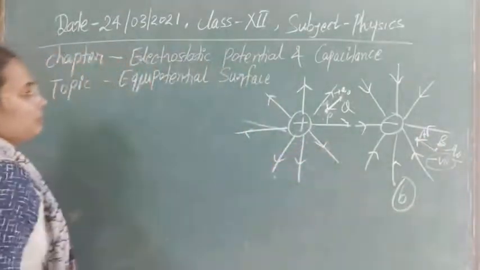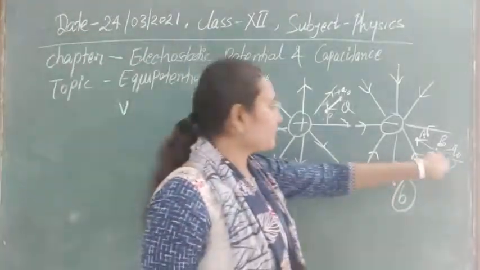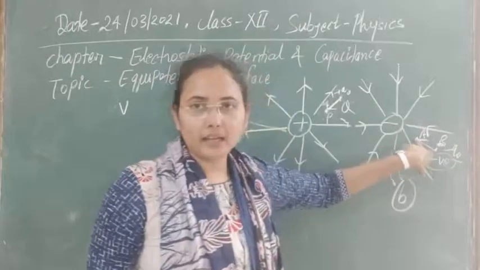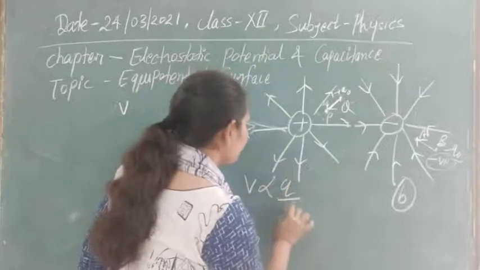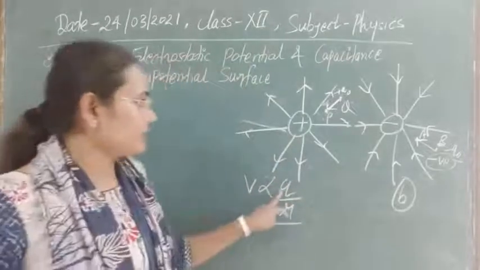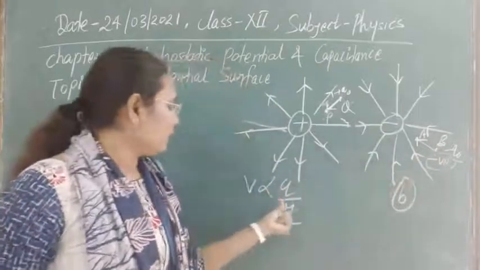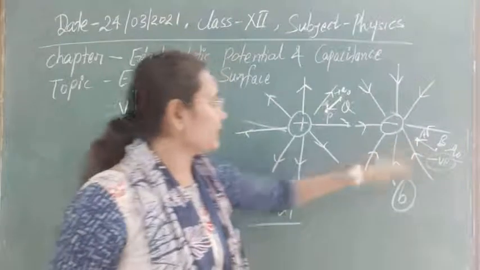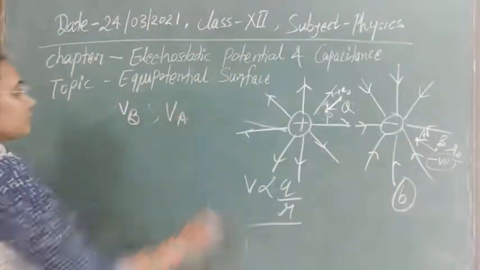As we have seen already, the potential at point B is greater than at A, as V is directly proportional to Q by R. As this is a negative charge, the negative quantity is greater, so that particular quantity will be less. So VB is greater than VA, which we have discussed already.